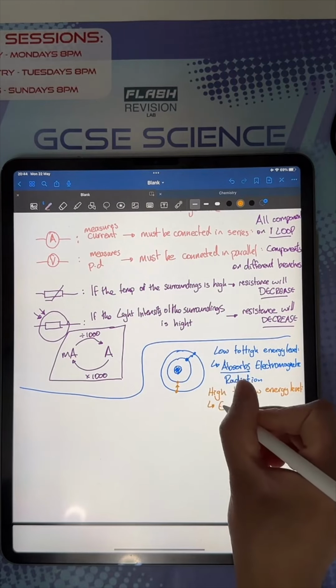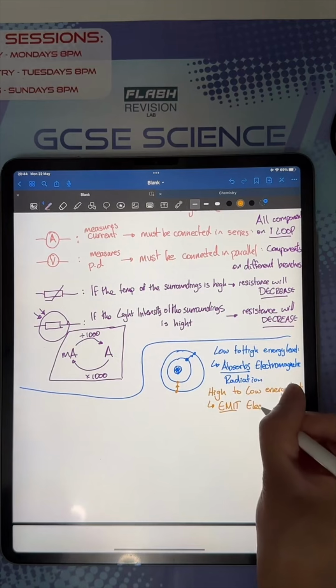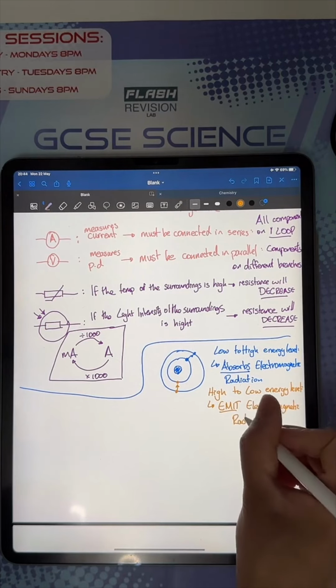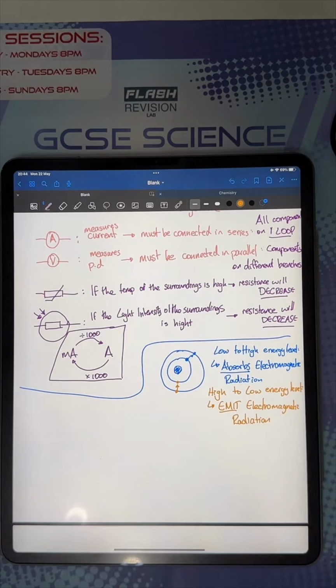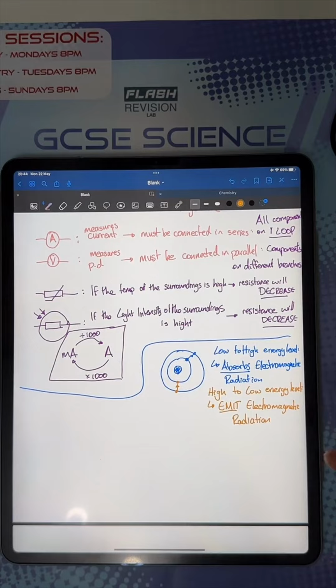Has to emit electromagnetic radiation. Okay, so like I said, this is one of those things that barely comes up. It's a very small part of the spec, but like you just saw, it could come up.